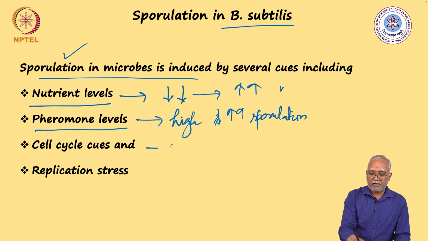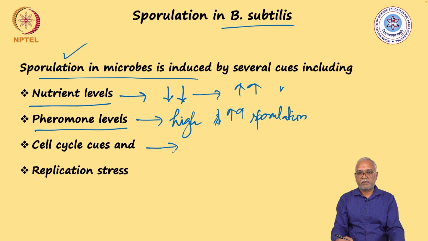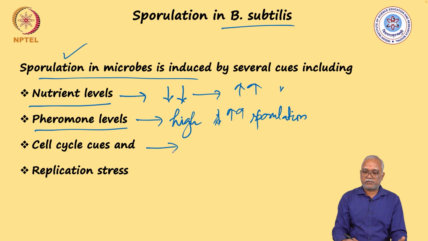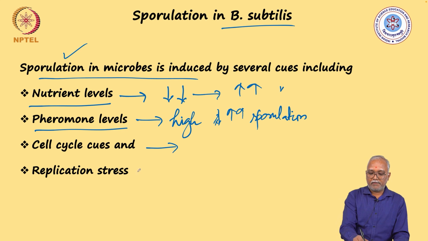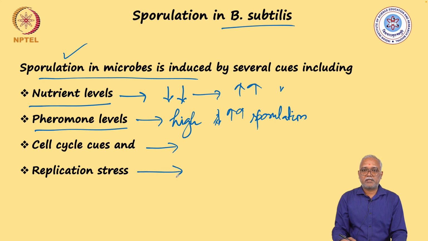Similarly, there are cell cycle cues. When a cell is normally dividing and it does not face any stress, it will not undergo sporulation. But if there is damage to the DNA, then also the bacteria would avoid going into sporulation, because they want to make spores which should survive the harshest conditions. Similarly, if there is a replication stress, as I mentioned, then there will be a problem.